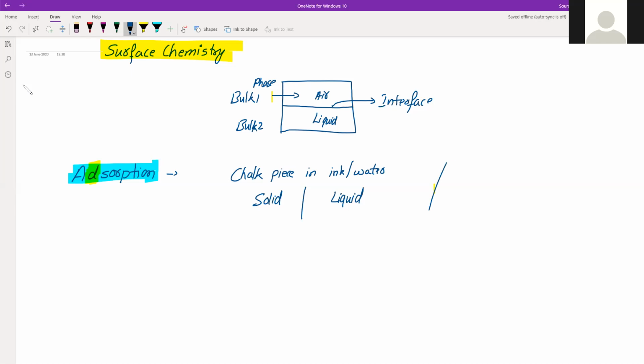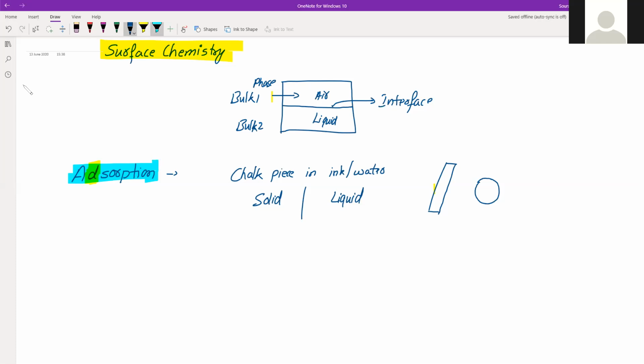So if this is the chalk and it is dipped in ink, and after that you take it out, and then you break it from any point and observe its cross section. Suppose the ink was blue.